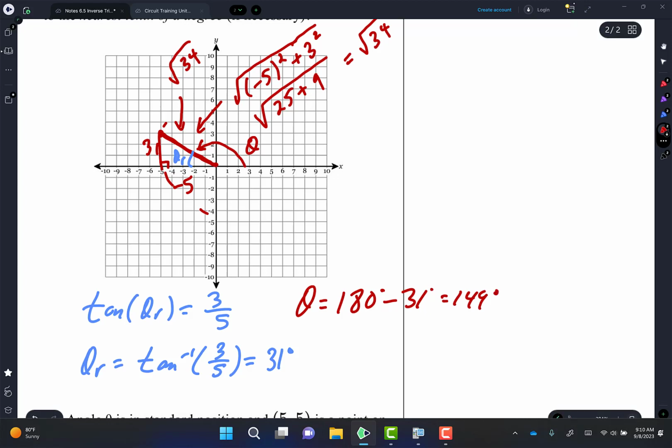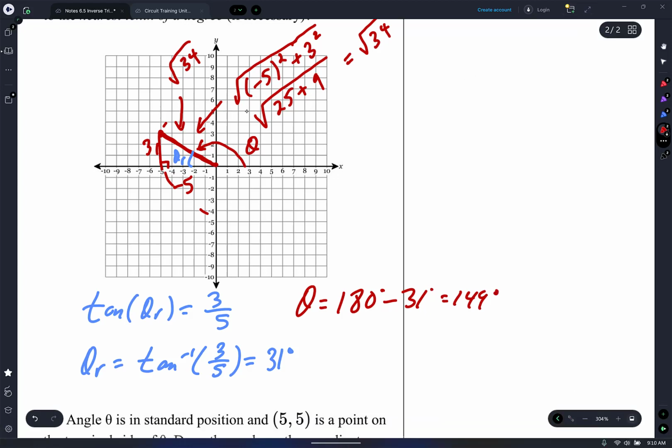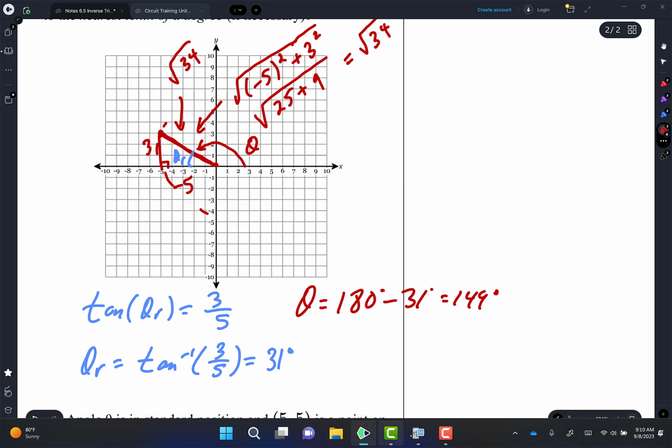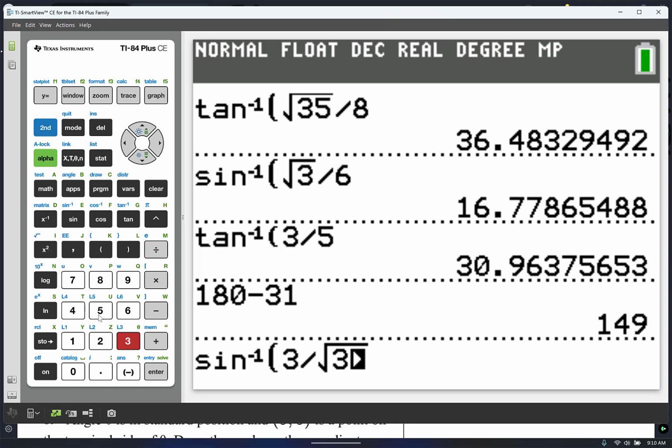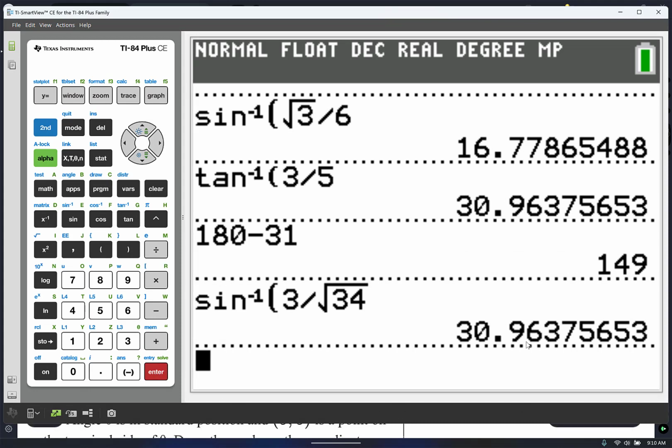Now, just in case you're wondering, why did I get the square root of 34? I didn't even need that. Look, this is just to verify. If I did arc sine of 3 over square root of 34, I better get that 31 degrees. And you do. Second arc sine of 3 divided by the square root of 34, and you're going to get the same thing digit per digit.